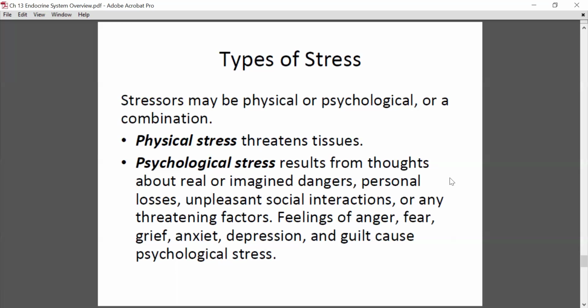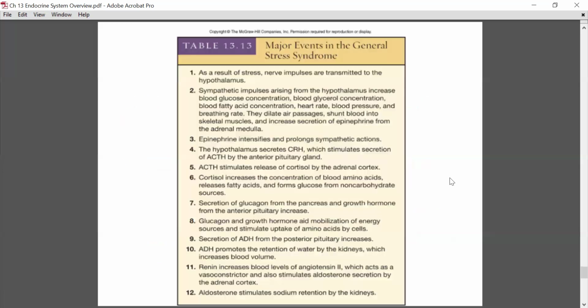So regardless of whether the stressor is a physical stress that actually threatens your physical being, or it's a psychological stress that comes from a thought about something that's real or something that is imagined, it can come from feelings, your emotions. Any of those will still cause the stress response in the body.